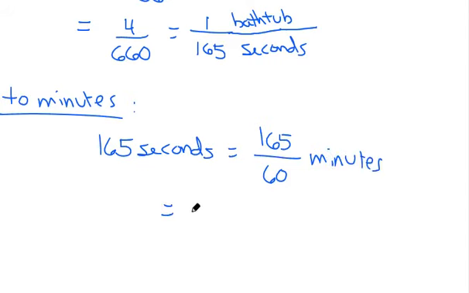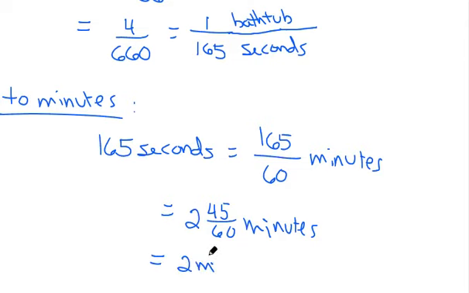And simplifying this, we end up with 2 and 45 over 60 minutes. We're not going to simplify this fraction because that means that there's 45 seconds in addition to the 2 minutes. So really we have 2 minutes and 45 seconds. So that actually should be our final answer.